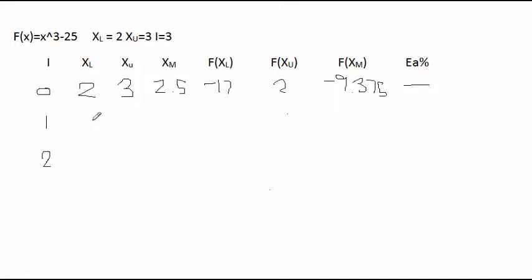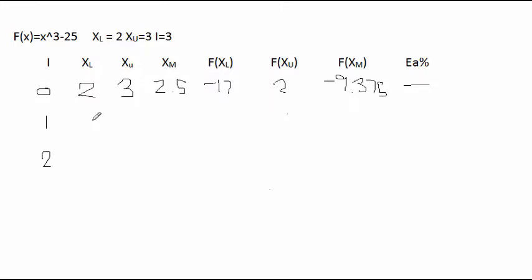Now, remember that we have the algorithm of the bisection method. If the function of the lower limit multiplied by the function of the midpoint of x is greater than 0, we will set the midpoint of x as the lower limit. And if it is less than 0, we will put the midpoint of x as the upper limit.